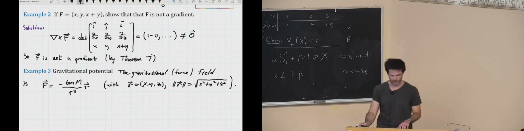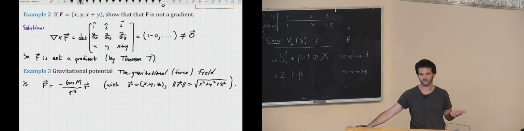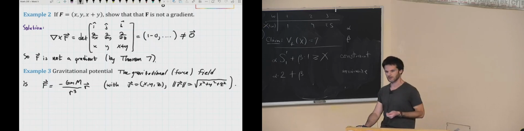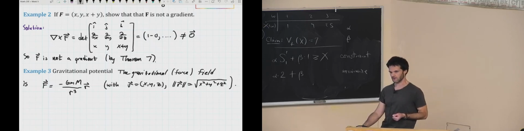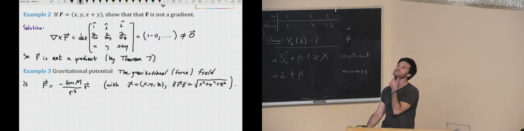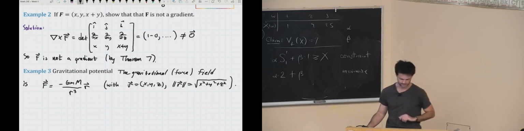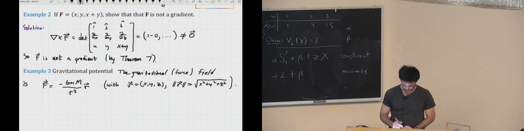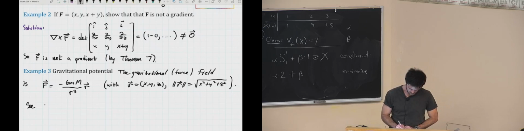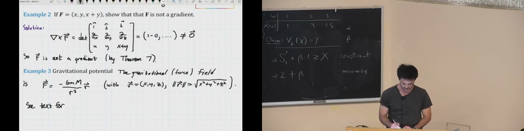If we wanted to show that the gravitational field is conservative, we could try taking its curl. I'm not going to do that because it's a lot of work. You can see it in the book. It's one of the examples in this section.